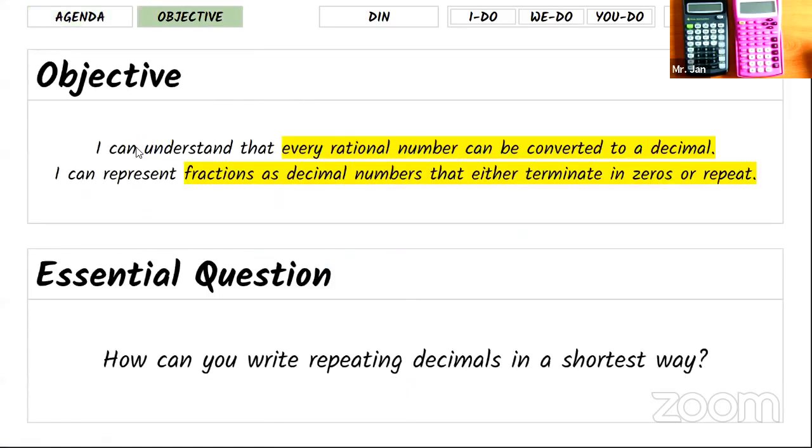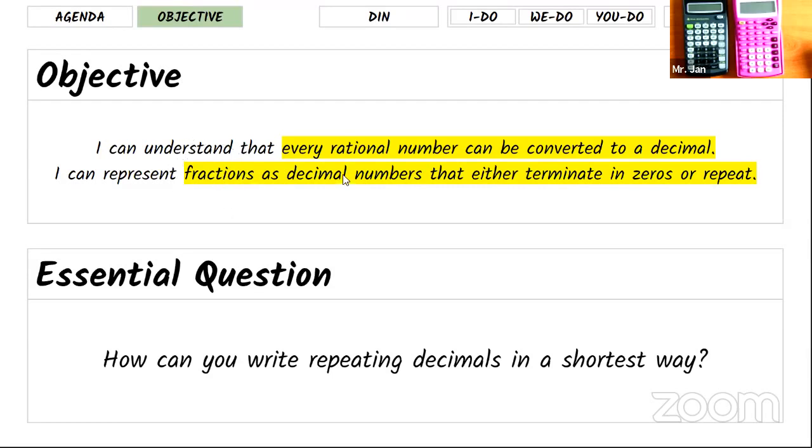Today's objective is, I can understand that every rational number can be converted to a decimal number. Every rational number can be rewritten as a decimal number. The second one is, I can represent fractions as decimal numbers that either terminate in zeros or repeat.